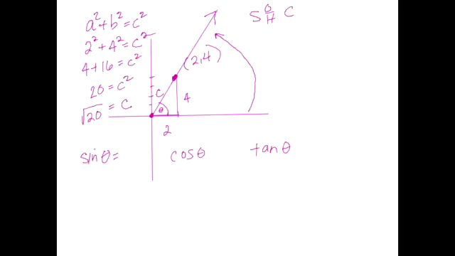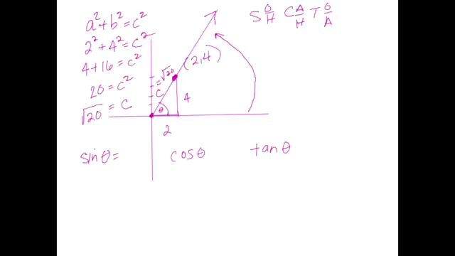And then for cosine, it is adjacent over hypotenuse. And then for tangent, it is opposite over adjacent. So I always use the trick, oh heck, another hour of algebra, to remind me.